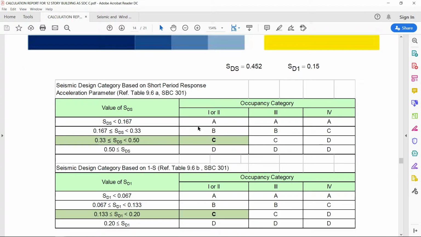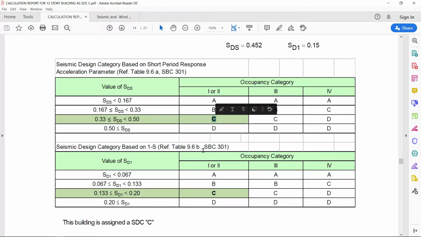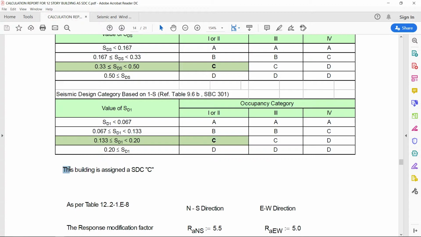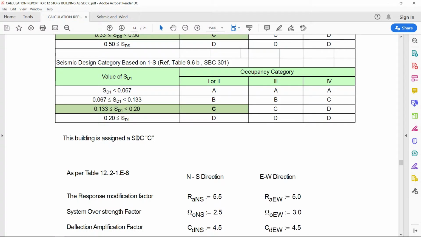So I checked based on the SDS values and SD1 values, it falls under seismic category C. So then it is established that this building is assigned seismic category C. Now this is not the end of the story.